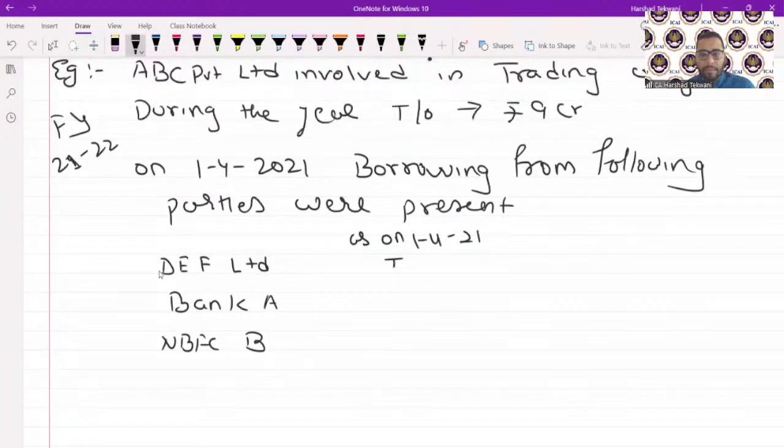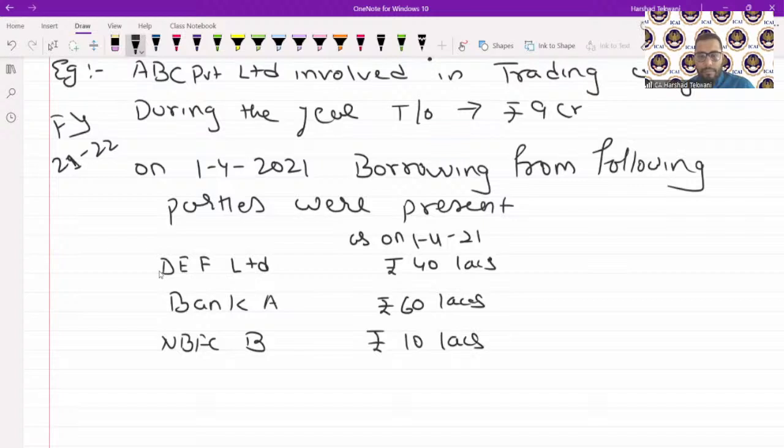That is rupees 40 lakhs, rupees 60 lakhs, and rupees 10 lakhs. Okay, total rupees 110 lakhs.